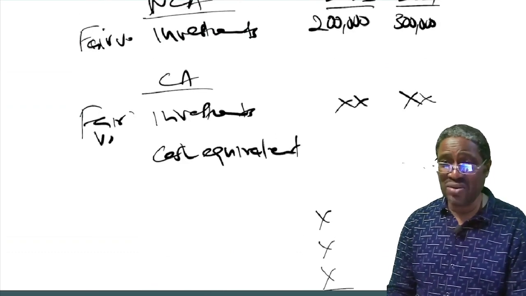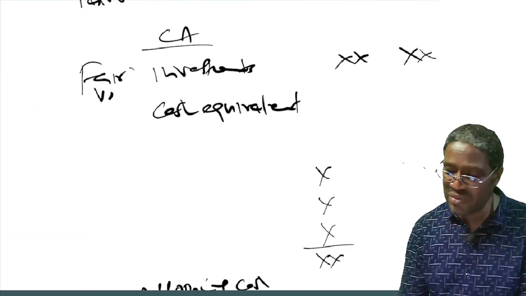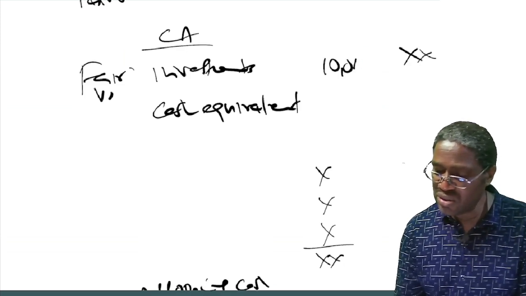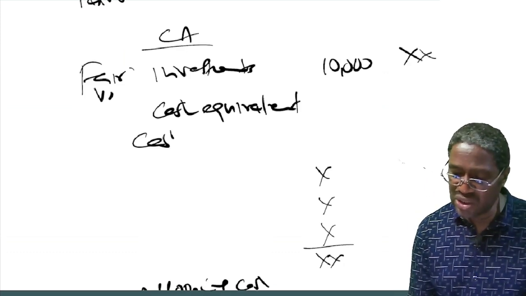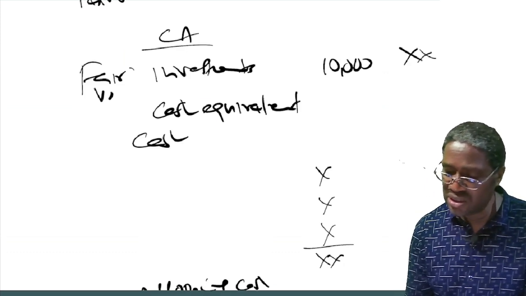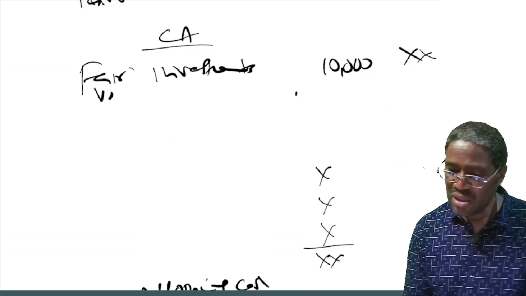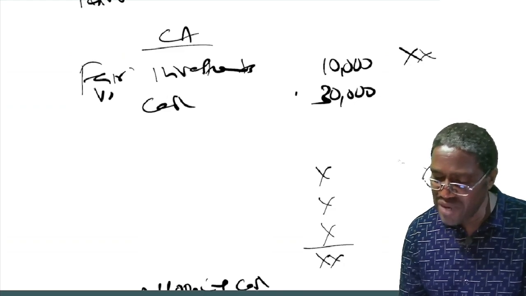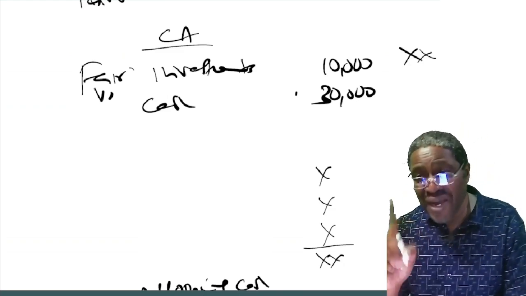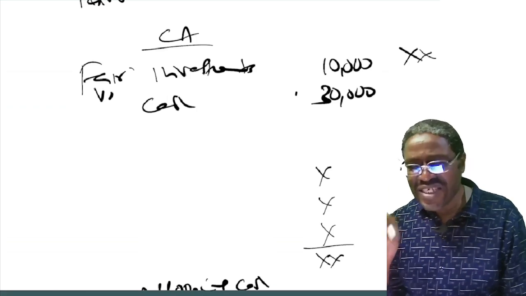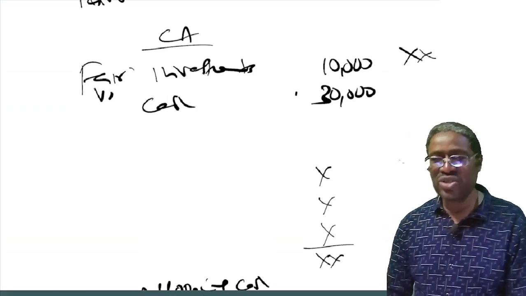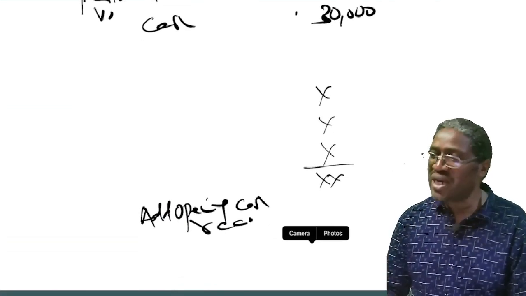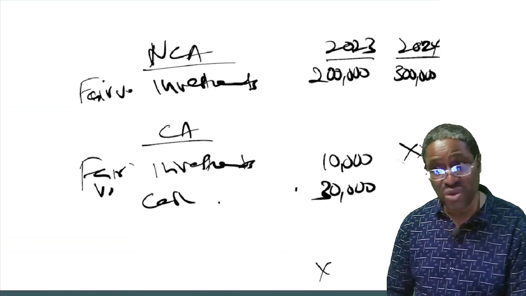So it means now, if the short-term investment here was 10,000 and there was cash in the balance sheet of 30,000, then my opening cash and cash equivalent is not 30.